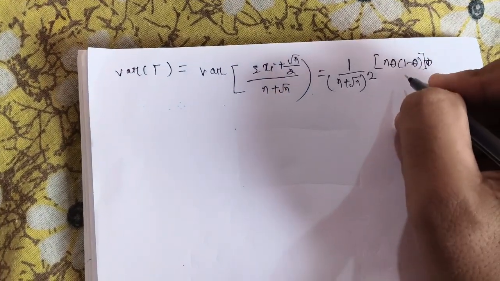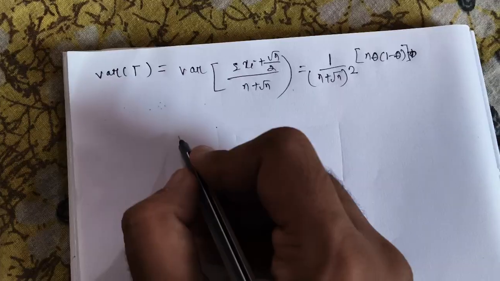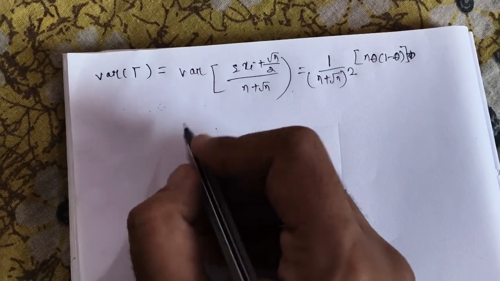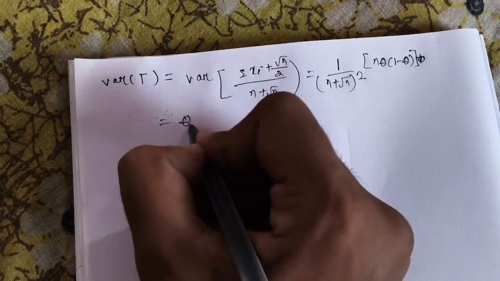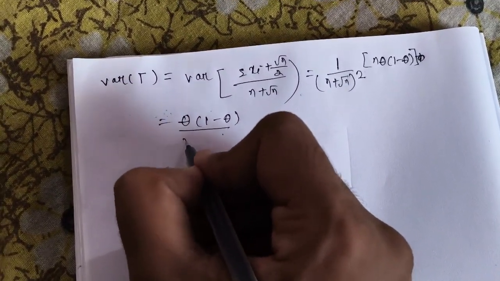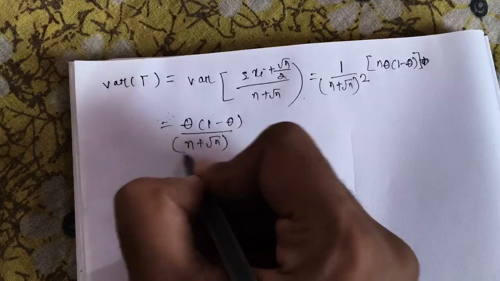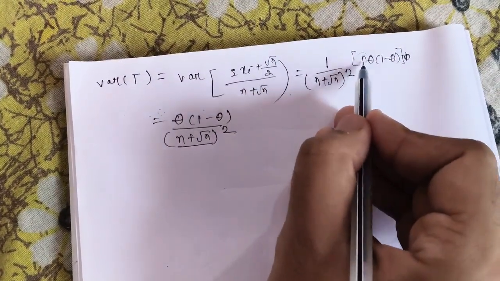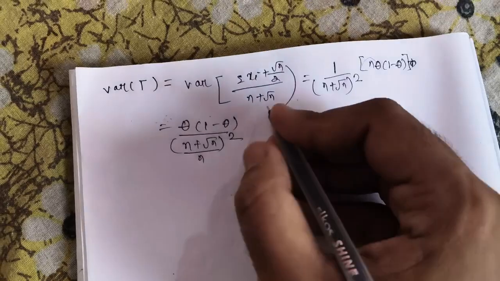So I can write this as theta (1 minus theta) divided by (n plus root n) whole square, divided by n; we take this n to the denominator.